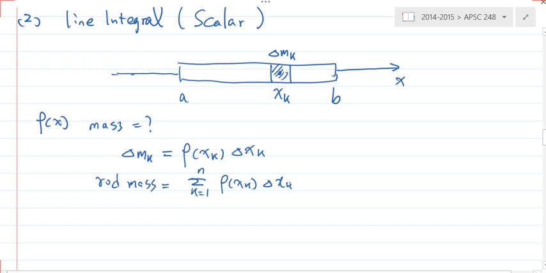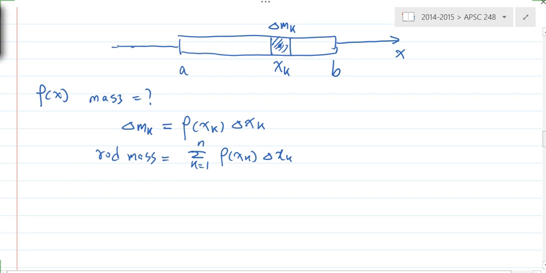Then, back to the concept of a limit and the basic definition of the integral, if I let n go to infinity, the discrete summation sign becomes an integral. So you integrate from a to b, where rho of x is the density function, and delta becomes d, so it's dx.